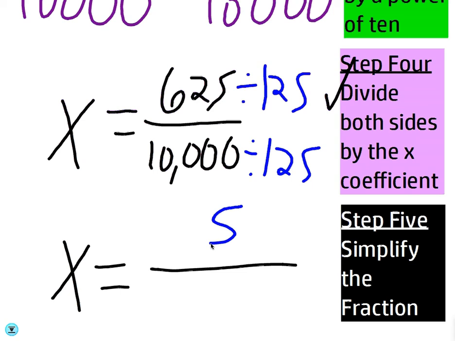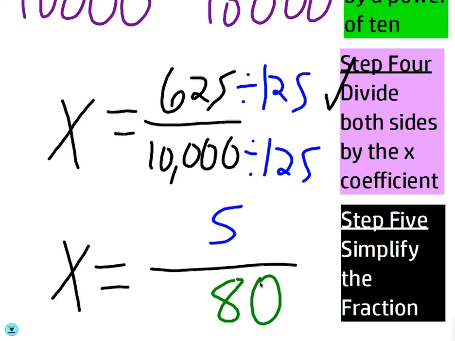I know that 125 goes into 1,000 8 times. So it goes into 10,000 80 times. Or actually, see, 8 times 125 is 1,000. Yeah, 80 times, yes.